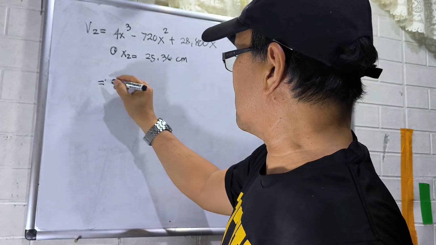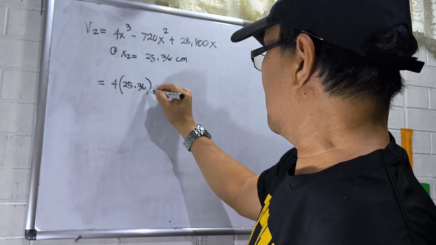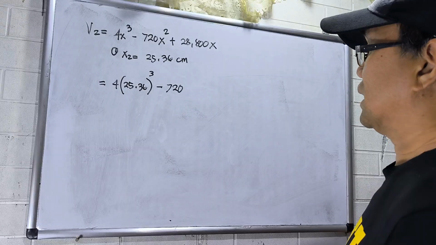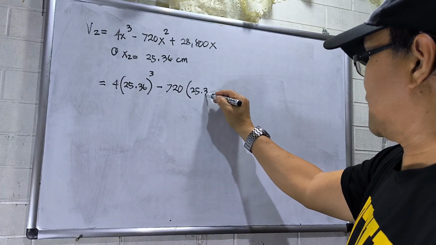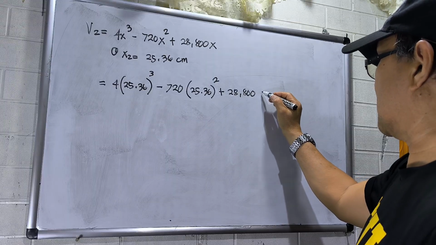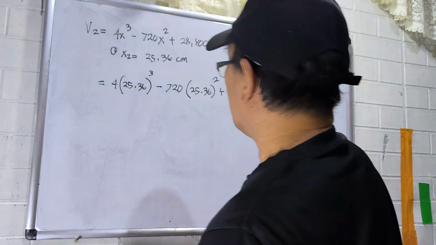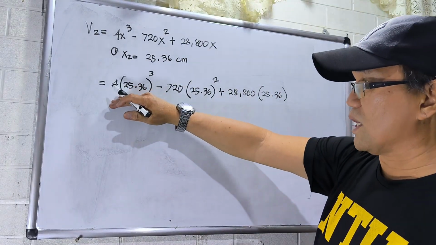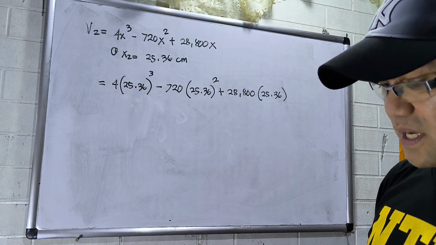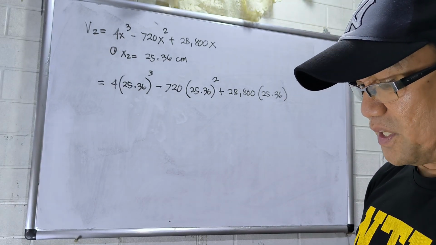Okay, so substitute. This will be 4 times 25.36 to the power of 3, then minus 720 times 25.36 squared plus 28,800 times 25.36. We have to simplify this one by multiplying 25.36 three times.